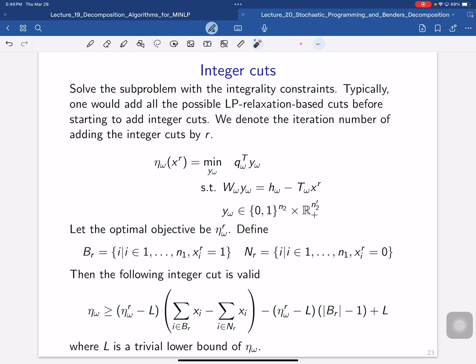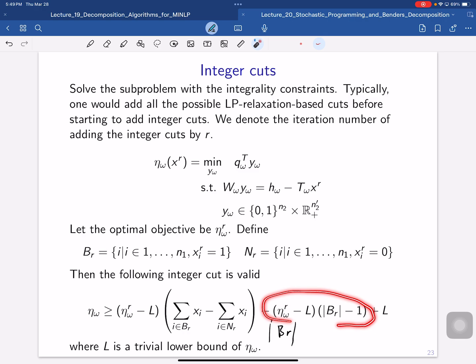If you hit the same integer feasible solution, this term will be equal to |B_r|, since the number of variables equal to 1 is in B, and the number of variables equal to 0 is in N. So if you hit the same solution, this is |B_r|, and then the second term is |B_r| minus 1.